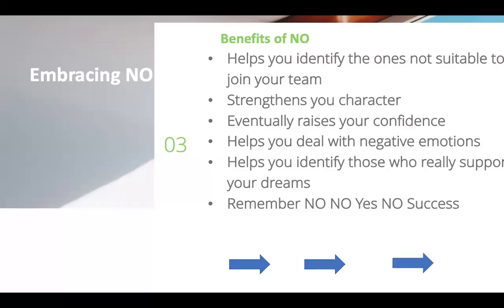And then the no also helps you to deal with negative emotions. What are those negative emotions? People who criticize you, people who make fun of you. It's not fun, it's not exciting to go through those emotions. No, I'm not saying it is. But eventually you're going to learn how to deal with these negative emotions. Discouragement, people who criticize your business.